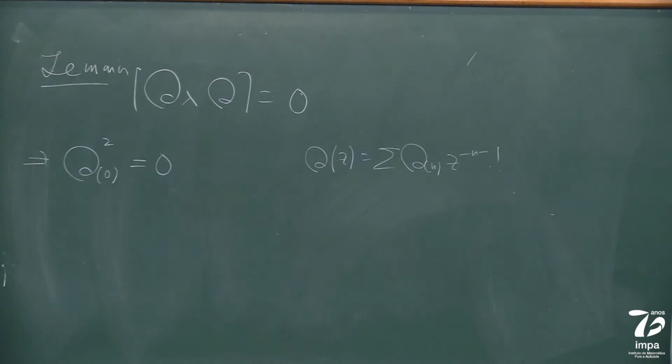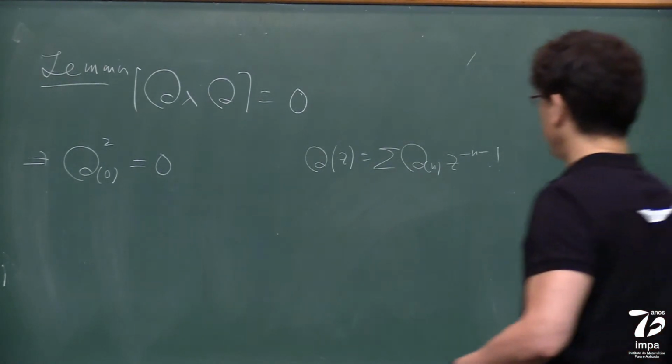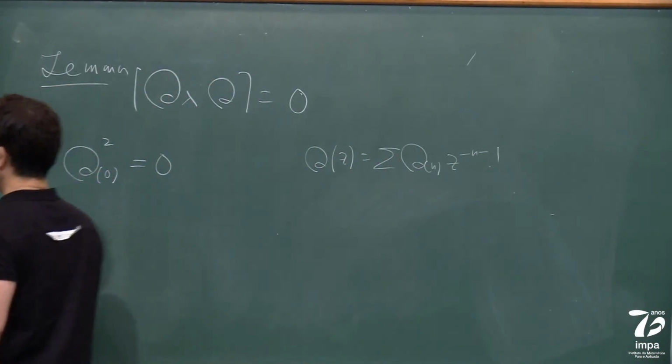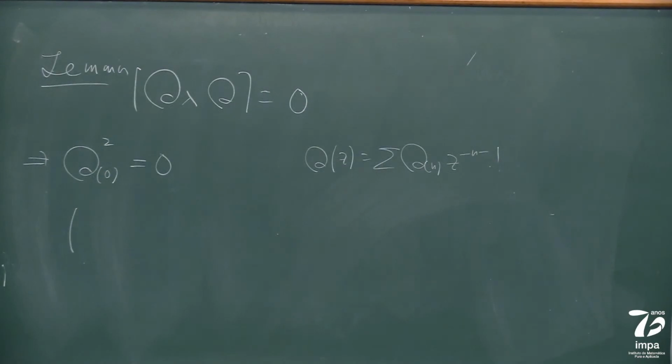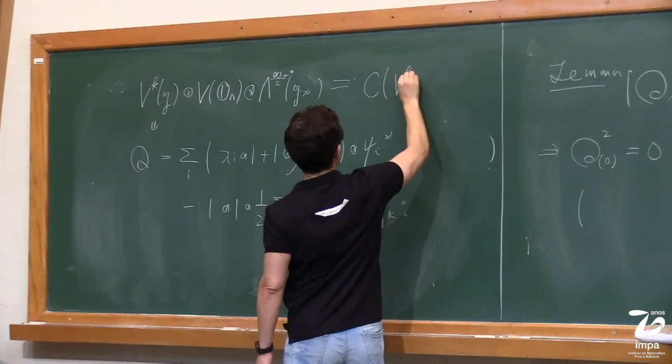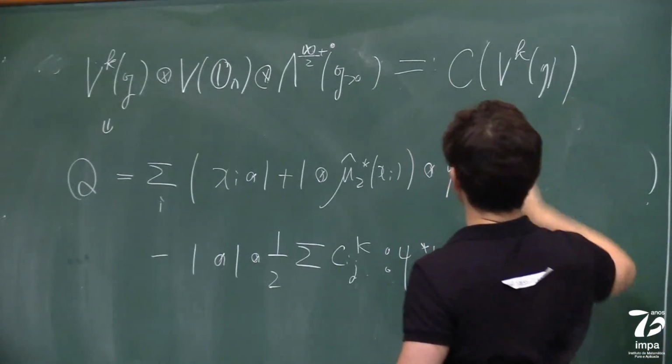So again, we have a complex. Maybe I define it to be C of V^k(g), because I don't want to write it each time.